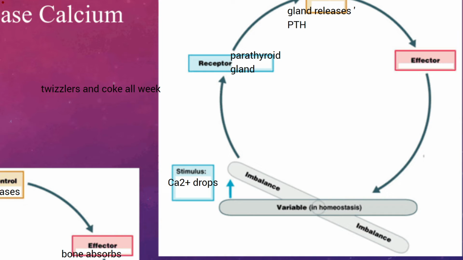That's what PTH is, parathyroid hormone. And as a control, the calcium comes out of the bone. Okay. This is also a negative feedback mechanism. So you take some time to write that one down.